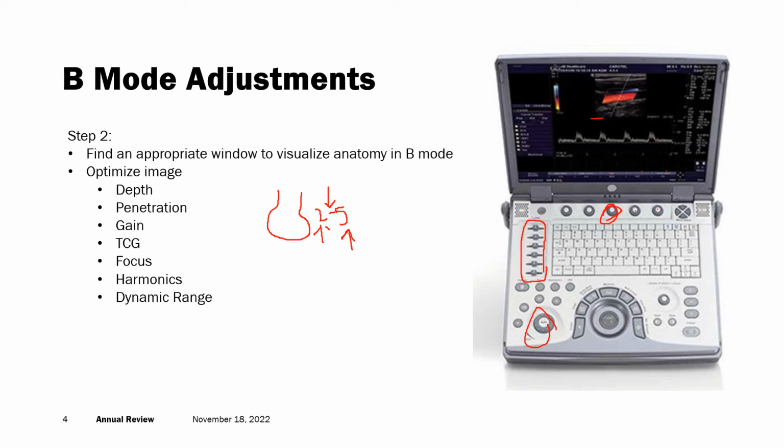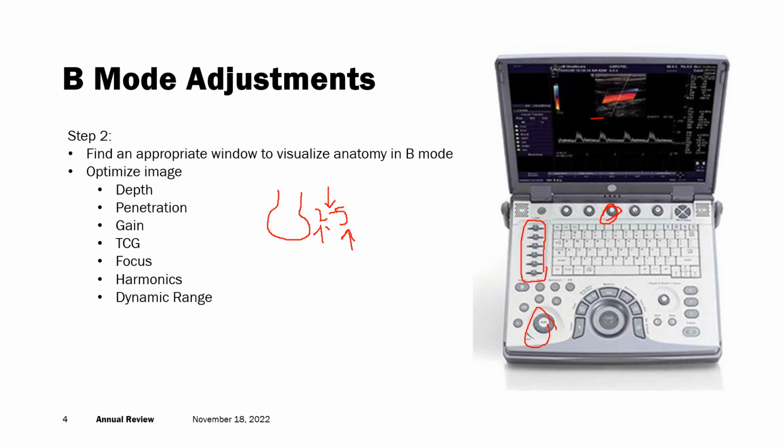Now, a lot of equipment will have kind of like a cheat button. I think on GE it's called iScan, Philips it's called something else, and it's a button where you can actually tap that button and it will automatically reset your TGC, or time gain compensation. I have it written incorrectly over here, sorry.